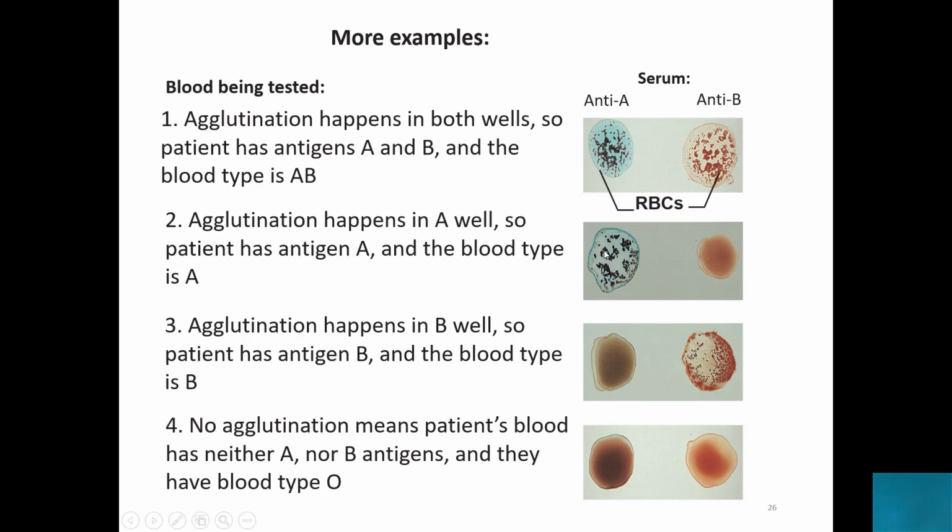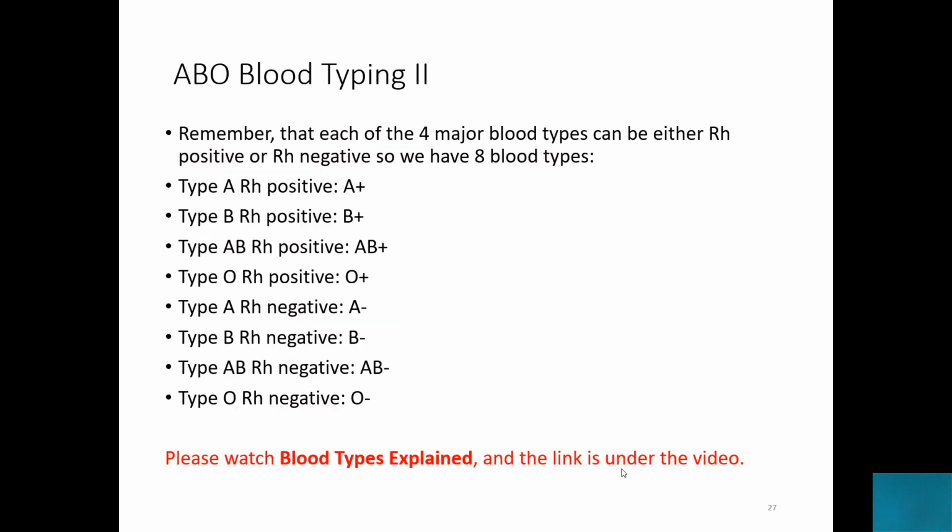Agglutination in A only, the patient has blood type A. In B only, blood type is B. If there is no agglutination, it means that the patient's blood type is O. And of course, always remember that each of the major 4 blood types can be either Rh positive or negative, so the total number of blood types is 8. Please, before you continue, stop and watch Blood Types Explained, and the link is under the video.